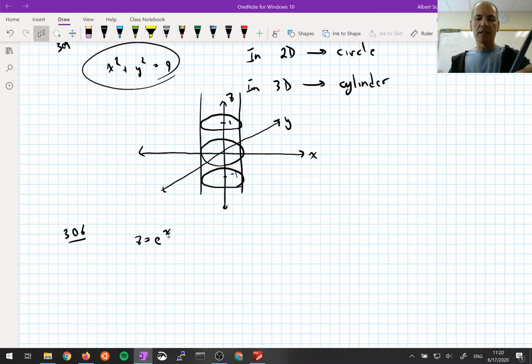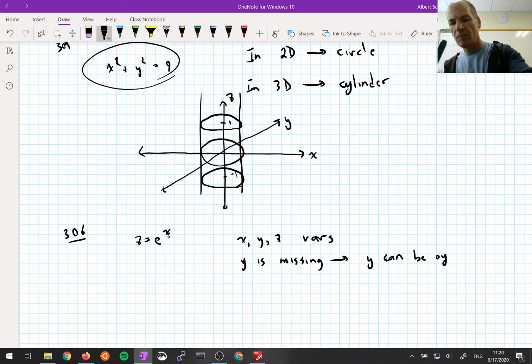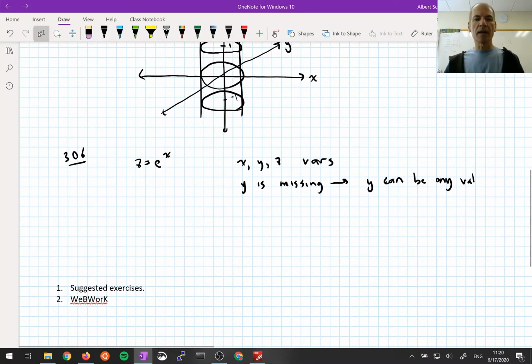So in 3D, we have x, y, and z variables that are in play. We see that y is missing, which means it can be anything. Y can be anything.